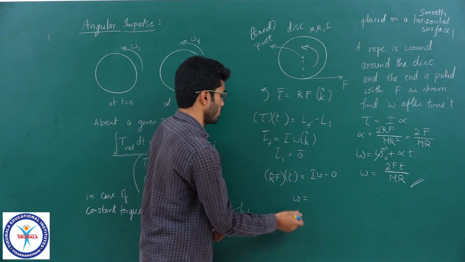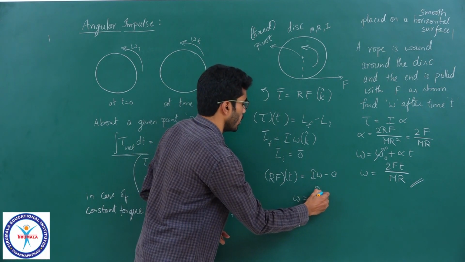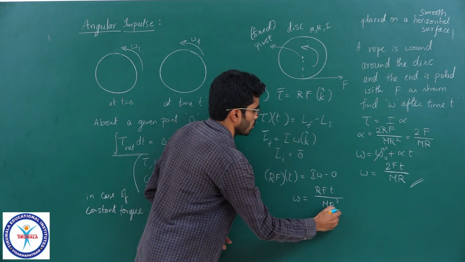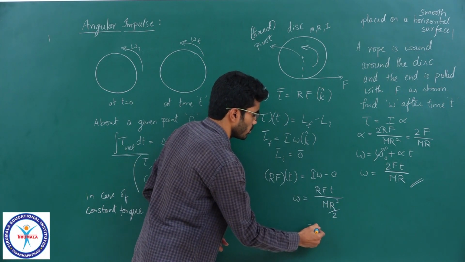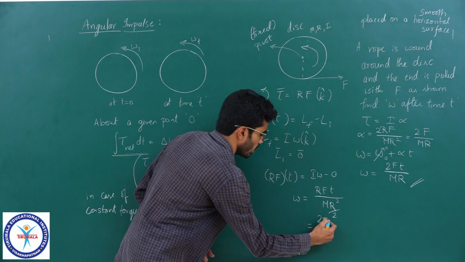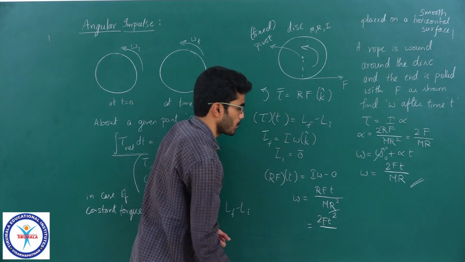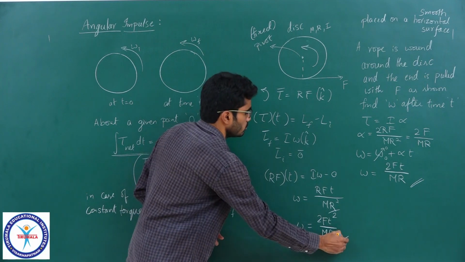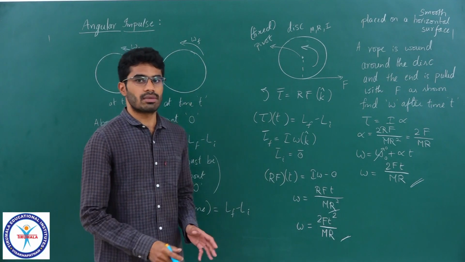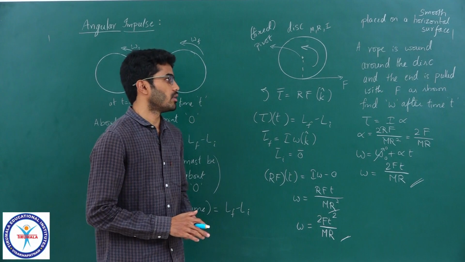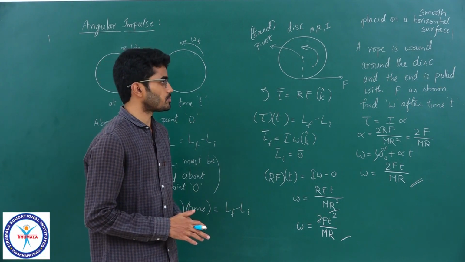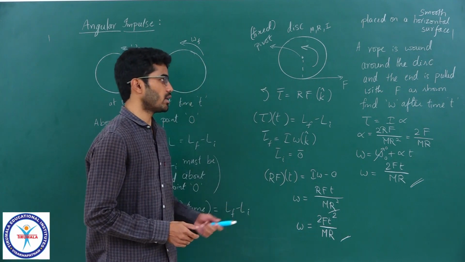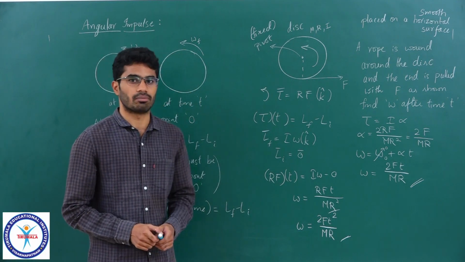Omega here equals R f t by m r square by 2, which will give you the same result, 2 f t by m r. So you get the same result in either way. Depending on the situation given in the problem, you can go for any approach, whichever you feel comfortable.